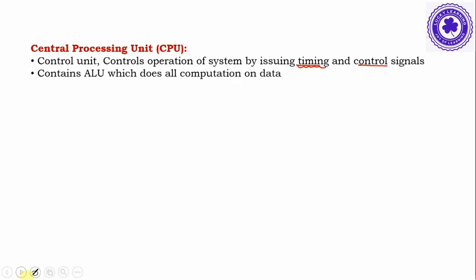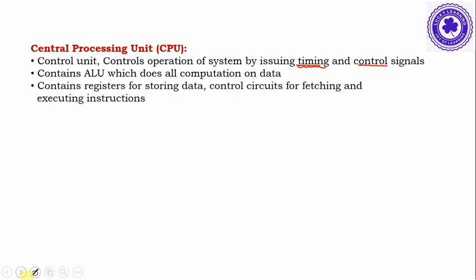It contains the ALU, which does all computations on data. And the CPU also contains registers for storing data and control circuits for fetching and executing the instructions. It means the CPU contains the ALU, control unit, and CPU registers for processing the data. And it also requires some control circuits to process the data.